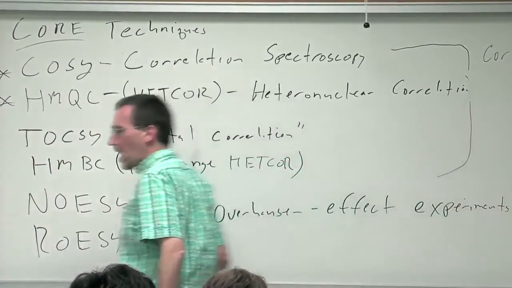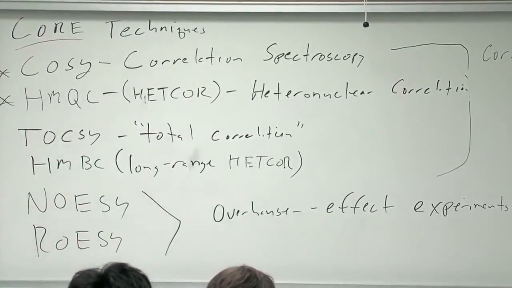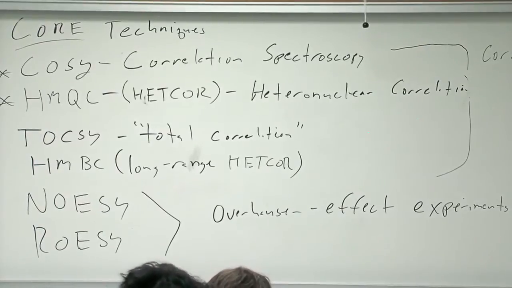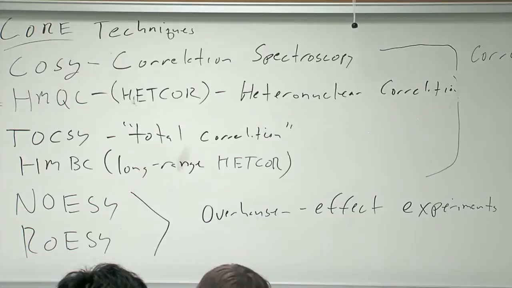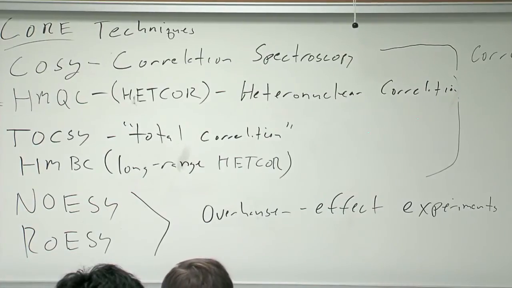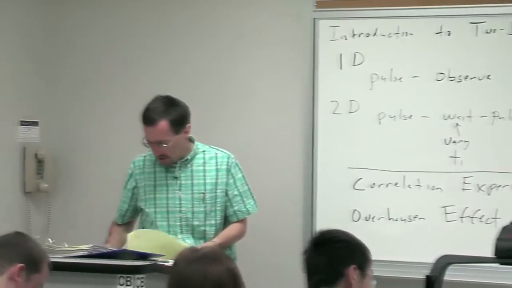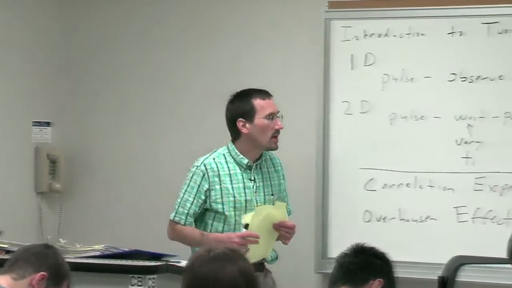They both give rise to information on proximity. NOESY is good for molecules that are small and molecules that are very large, but there's a hole right in the middle of medium-sized molecules that don't work well in it. And ROESY ends up working well with medium-sized molecules.